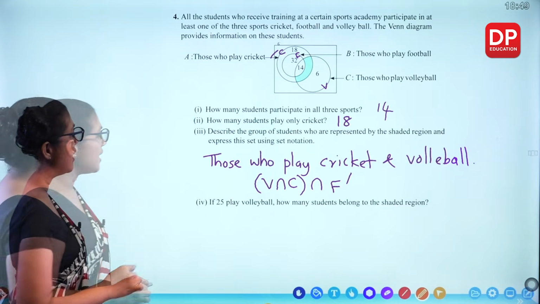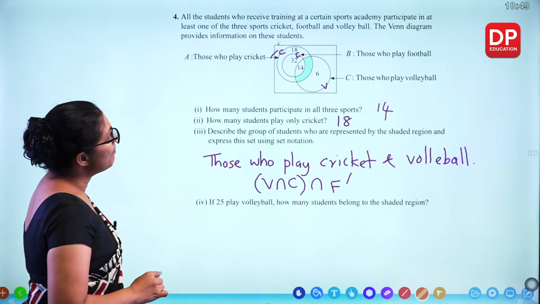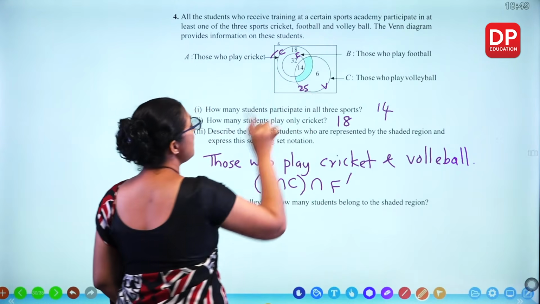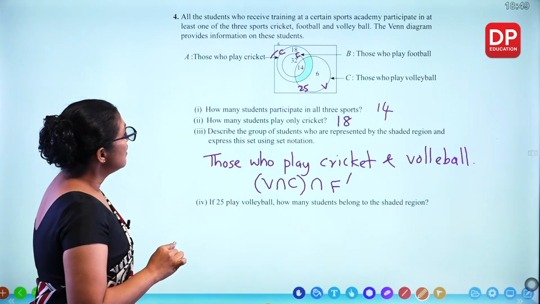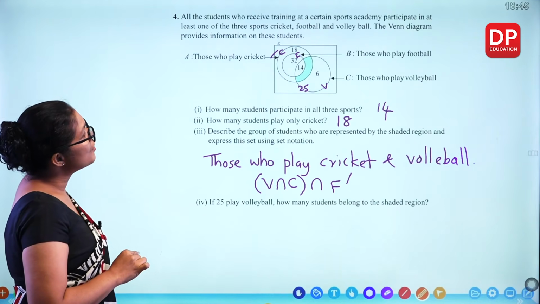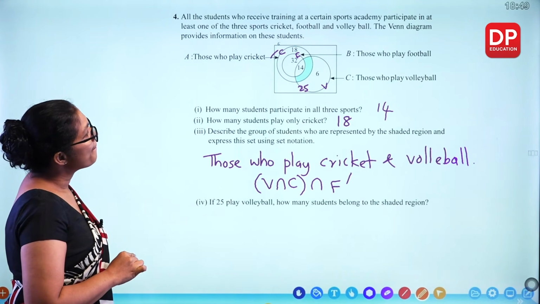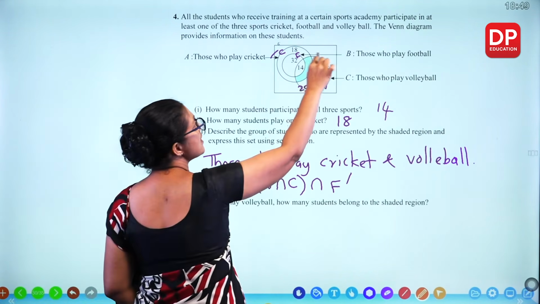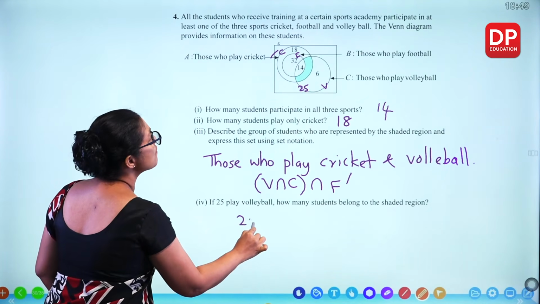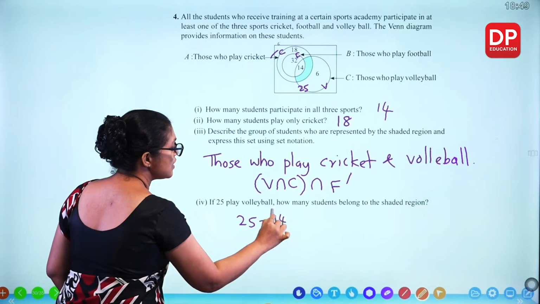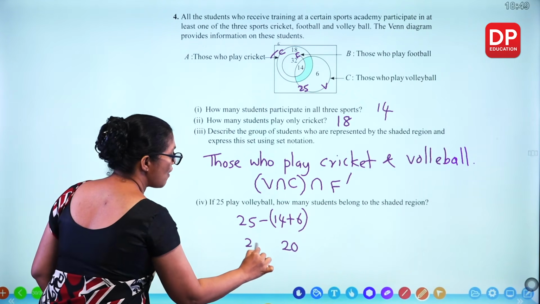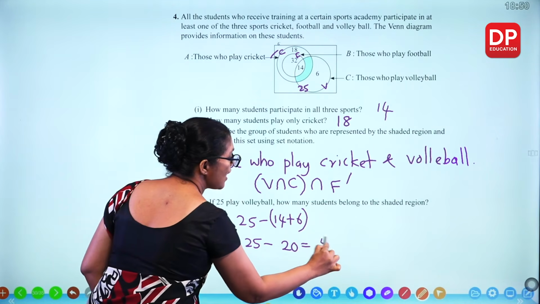Then the last part, if 25 play volleyball, this whole circle is 25. How many students belong to the shaded region? So we'll try to find out that. Here, this whole circle is 25. This is 6, this is 14. So you can find 25 minus 14 and 6. 14 and 6 is 20. 25 minus 20, you get 5.